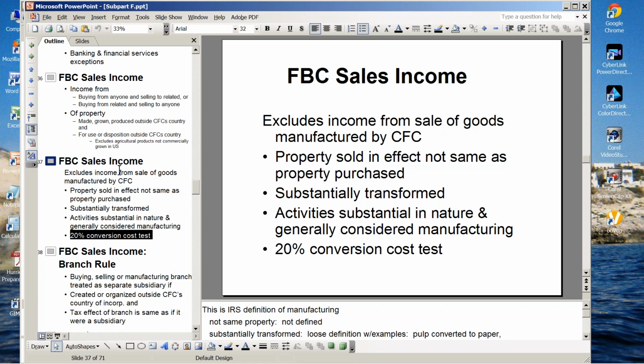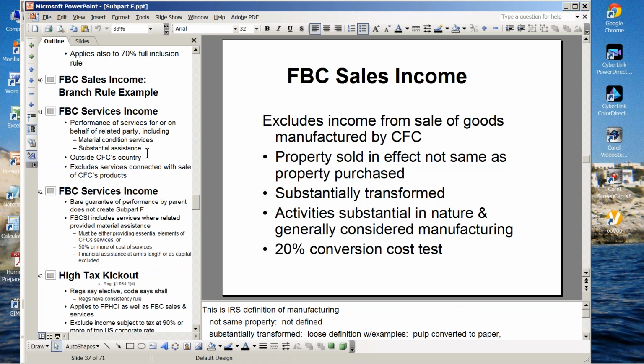So lo and behold, this drilling rig that we thought was going to produce Subpart F income didn't, because we, the drilling company, were considered to have manufactured it. So don't take these things completely at face value. There are ways you can manipulate the Subpart F rules to your client's advantage.